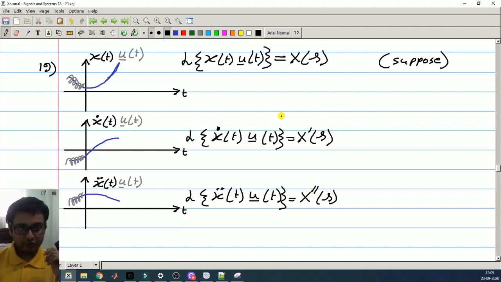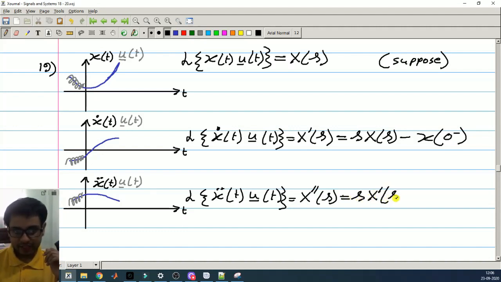Then, as we have learned now, X prime s can be written as s multiplied with this capital X s minus the value of this x at time 0 minus. In the same way, capital X double prime s can be written as s X prime s minus x dot, in this case x dot 0 minus.